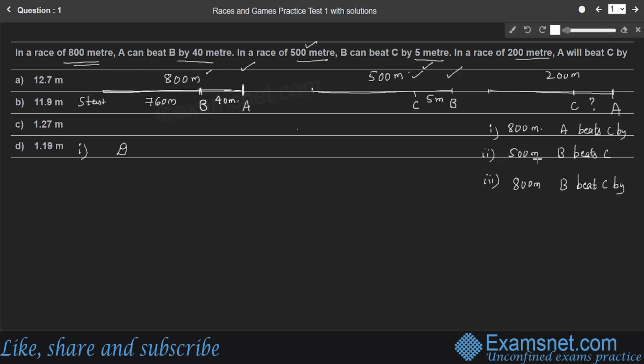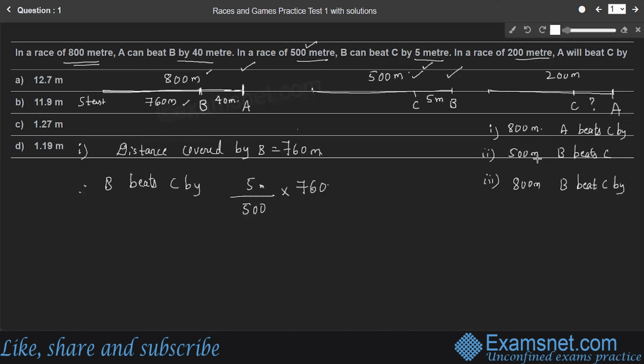Therefore, B beats C by? Here in a race of 500 meters, B beats C by 5 meter. Therefore, in a race of 760 meter, B has traveled only 760 meter.